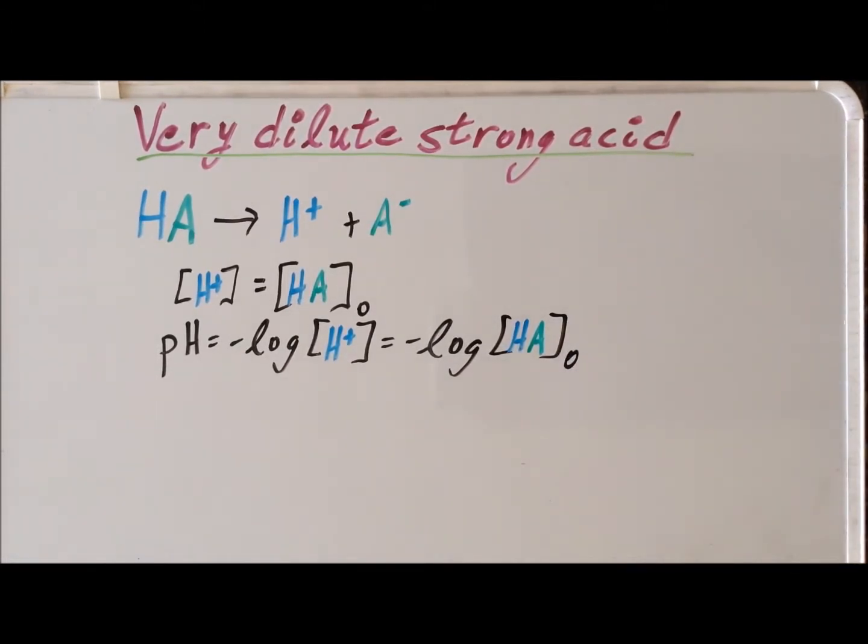This is the standard technique that is used in general chemistry for the general case of a dilute strong acid. This technique will not work when you have a concentrated strong acid, as you will learn in a physical chemistry or analytical chemistry course, where we have to invoke the concept of activities.